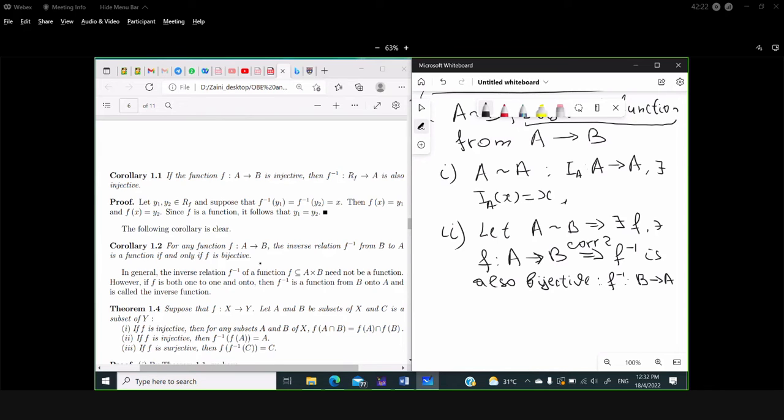But F minus 1 maps from B to A. Since it is bijective, it is one-to-one and onto. So every element of B has an image in A, and every element of A has an image in B. Every element of A is an element of B, and every element of B is an element of A. That's why these two sets are equivalent sets.